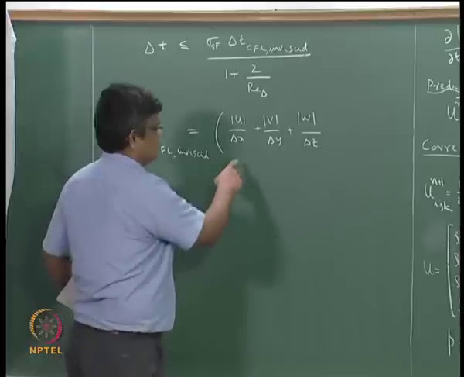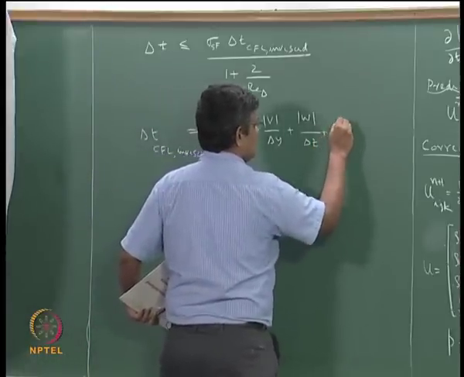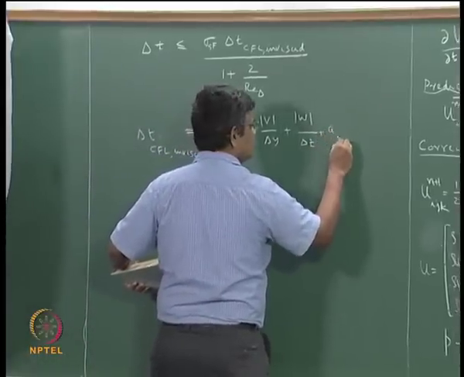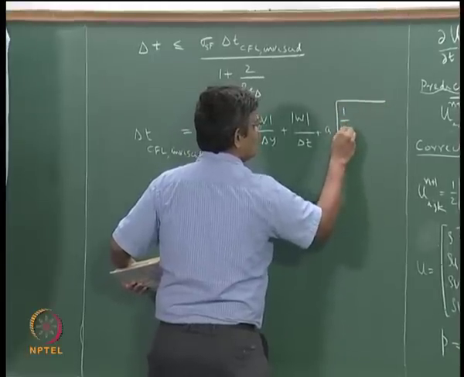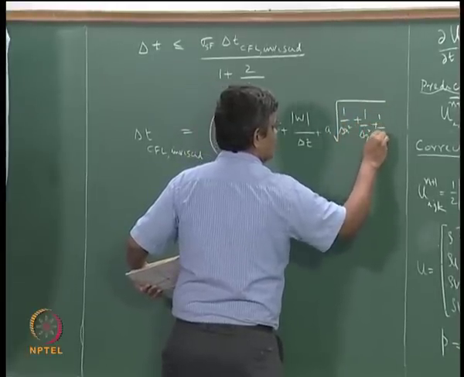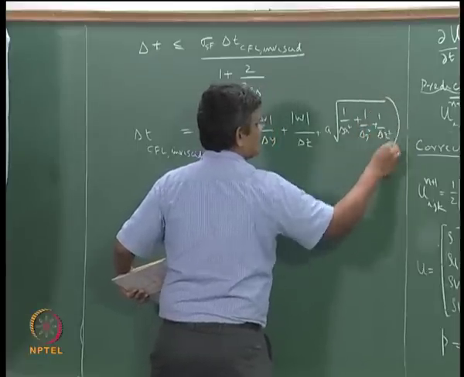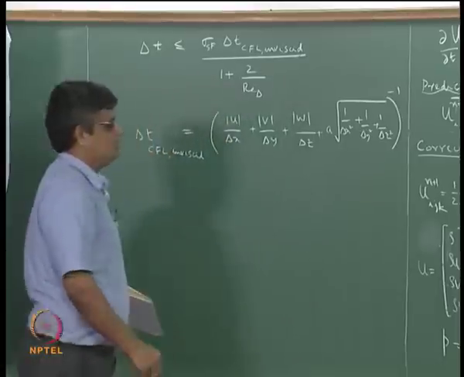So it is the sum of the velocity components in absolute value plus a times the square root of 1 by delta x square plus 1 by delta y square plus 1 by delta z square, and this whole thing inverse.